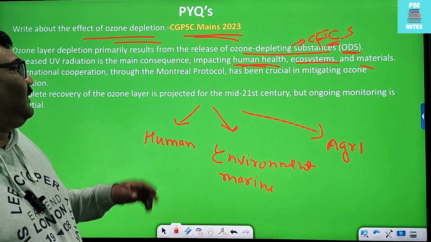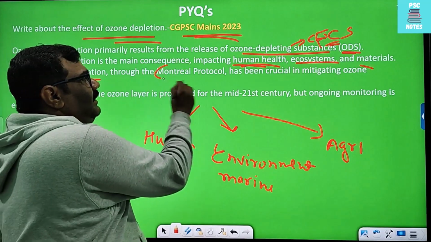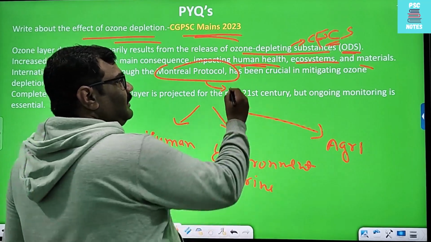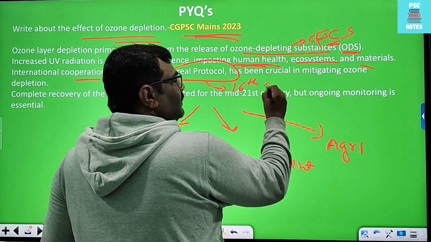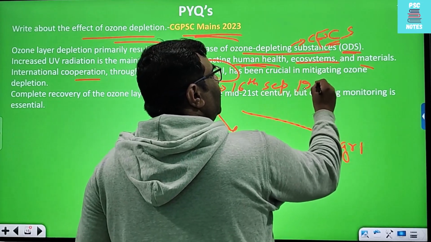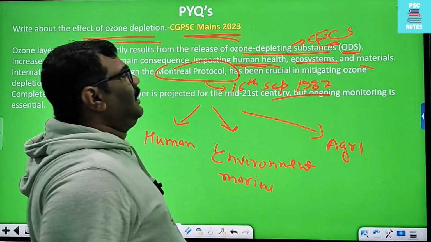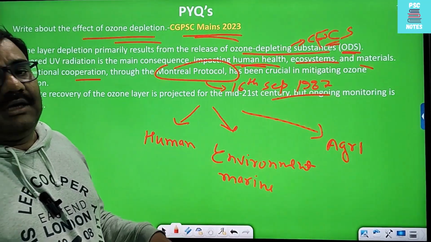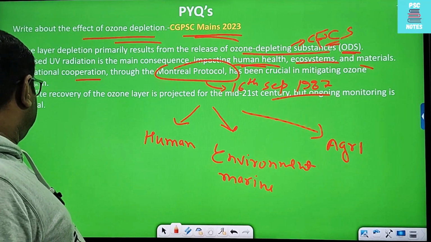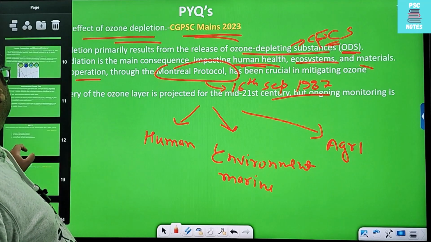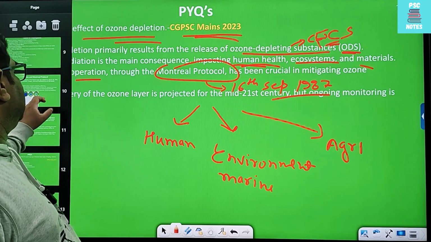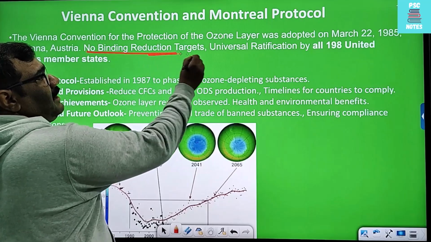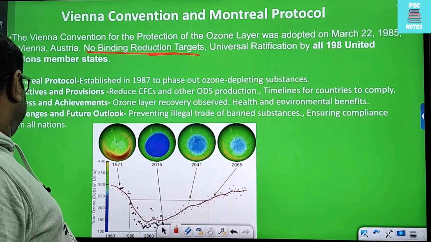Further, international cooperation, we have already discussed the Montreal Protocol, which was launched on 16 September 1987, and has been crucial in mitigation, because prior to that we had the Vienna Convention, which was not binding.